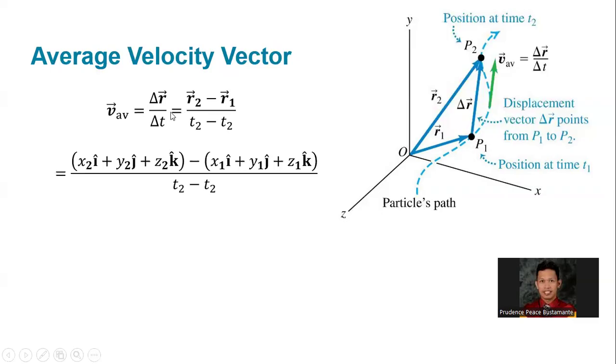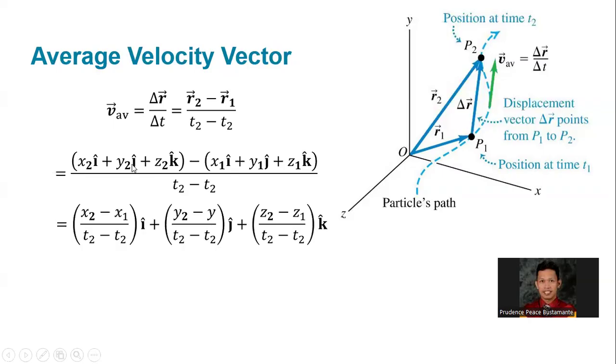If you want to expand this, since r2 is just in this form, the position, and r1 is in this form, you can simplify this. So you combine like terms, like x2 minus x1.